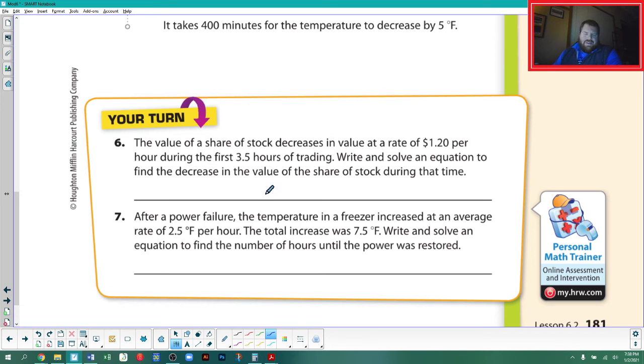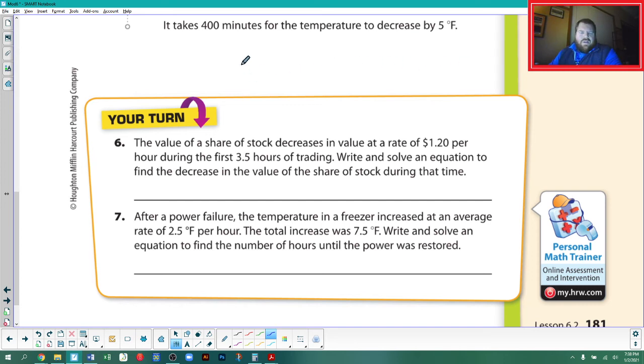I don't see that as an equation. We want to find the decrease in value. Okay. Yeah, I see that as just a multiplication problem. I don't think I see it as, hold on, for the first 3.5 hours of trading. So, yeah, let's just write it and solve it, I guess. I don't think it's going to be equation-based the way I'm going to write it.